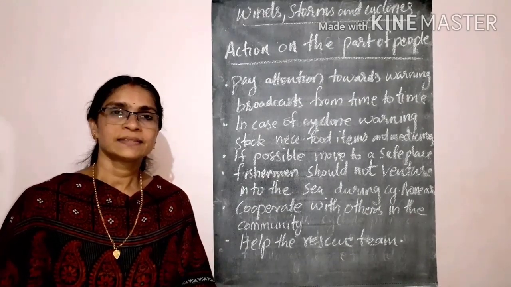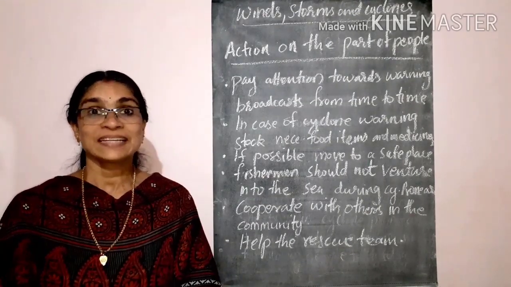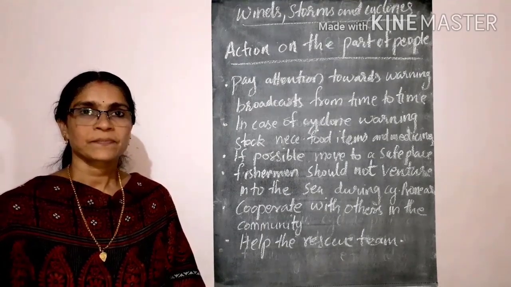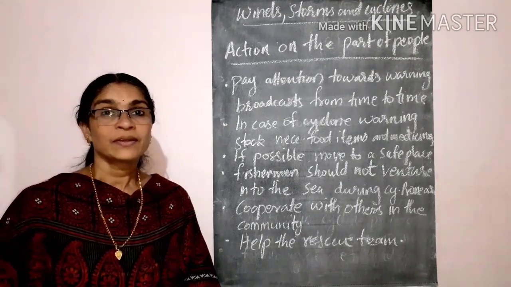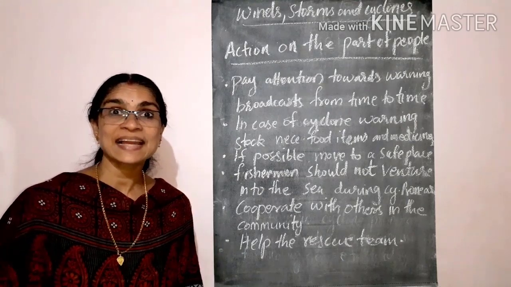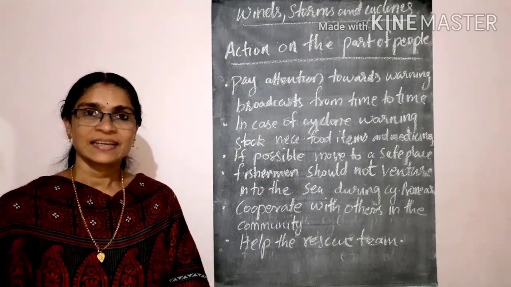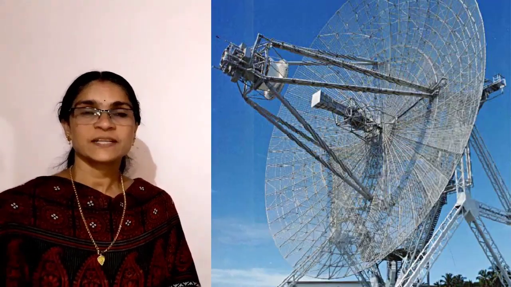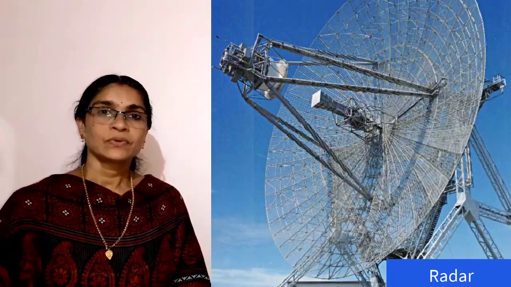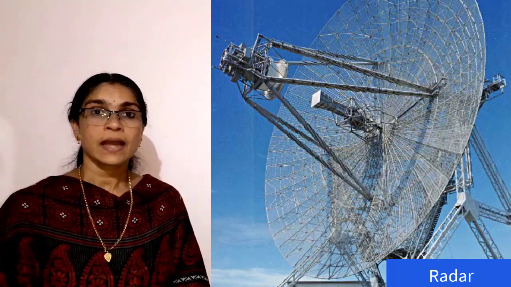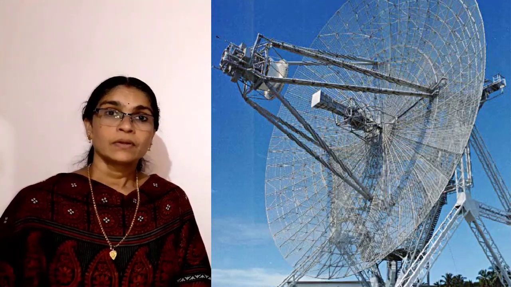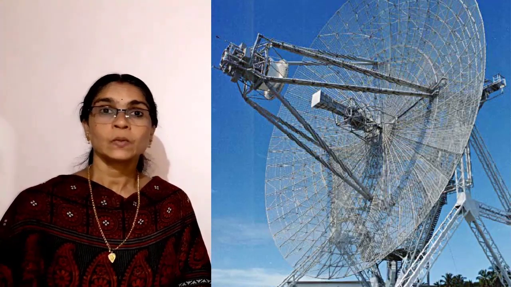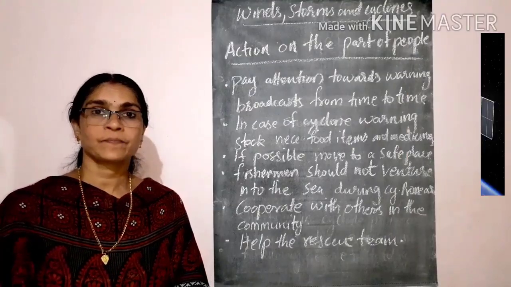Children, the world of today is different. Here we have to remember satellites and radars. A cyclone alert or cyclone watch is issued 48 hours in advance for storms or any other natural disasters.